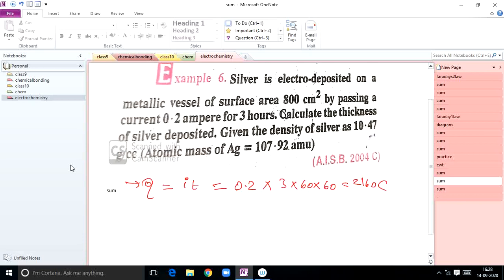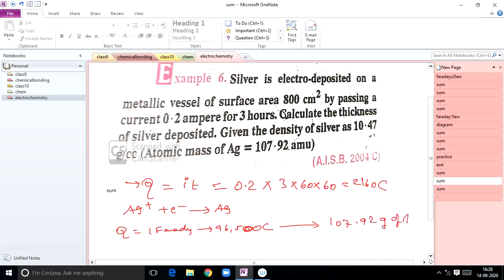Next, Ag+ plus an electron gives rise to Ag. That is the redox equation. From this equation, the quantity of electricity is 1 mole of electrons, which is 1 Faraday, that is 96,500 coulombs. If you pass that, 107.92 grams of silver will be deposited, which is the atomic mass of silver approximately.